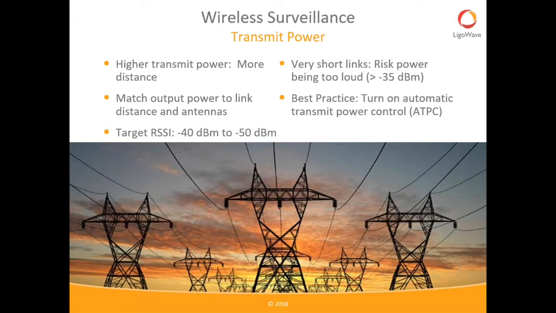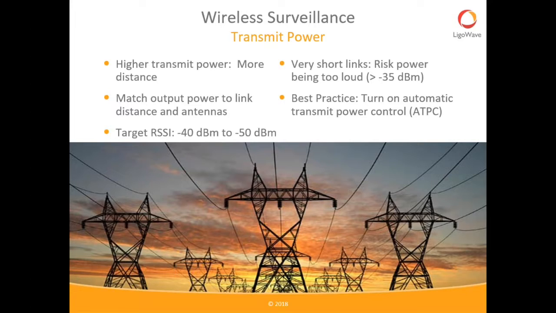Now, when you're doing point to point, you typically want to match the output power of both sides of the link, and you typically want to match the output power that you need to whatever the link distance is and whatever antennas you're using. Remember, the antennas are also serving to focus the beam in a particular direction. So the higher gain the antenna, the longer the signal will travel at the same transmit power.